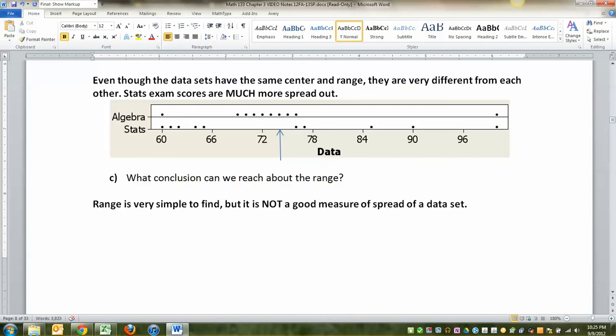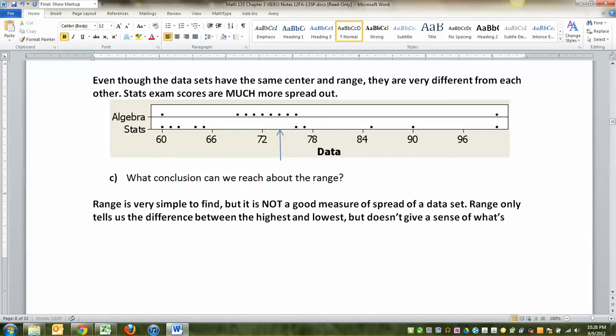So it's not doing a very good job of measuring spread for us. It just tells us the difference between the highest and lowest, but doesn't give a sense of what's happening in the interior. Does that make sense? Okay.